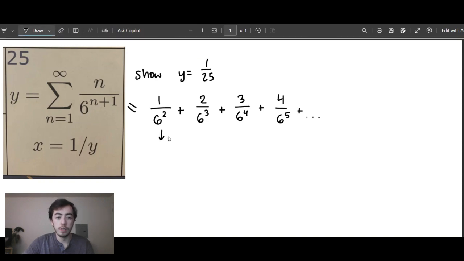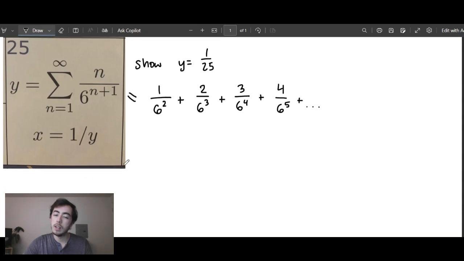Looking at the values here, we're starting with 1/36th, which is smaller than 1/25th, and then we're adding on 2 216ths. And so this is already really, really small. All of these numbers are really tiny. And so adding all of these up should get me 1/25th. But it's really hard to show that, and I'm not about to add up an infinite amount of terms.